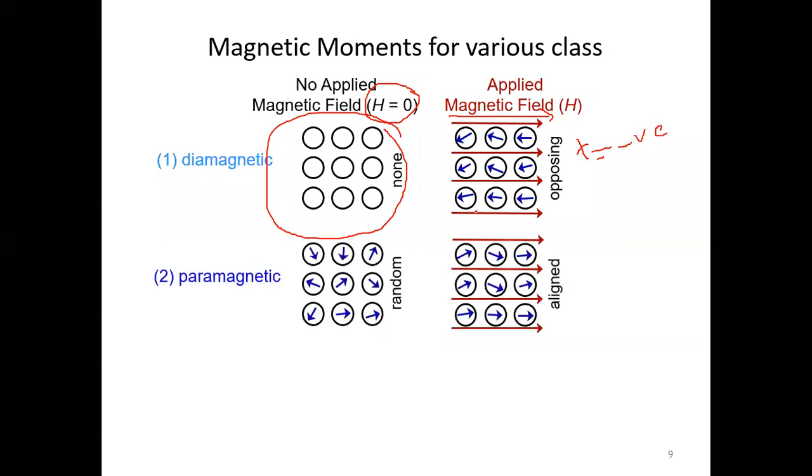Next one is paramagnetic material. Paramagnetic material has some magnetic moments, however they are randomly aligned. Look, one is along that direction in the absence of a magnetic field, another is along a different direction, so they are randomly oriented. When you apply a magnetic field along that direction, the magnetic moments of the individual atoms try to align with the magnetic field.